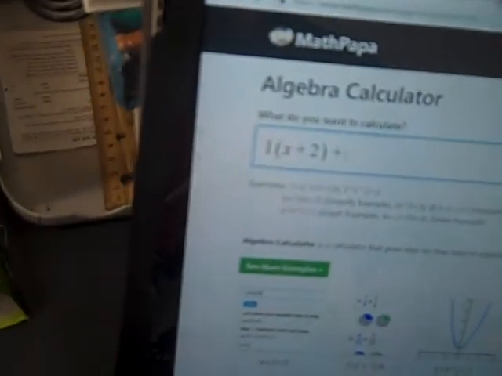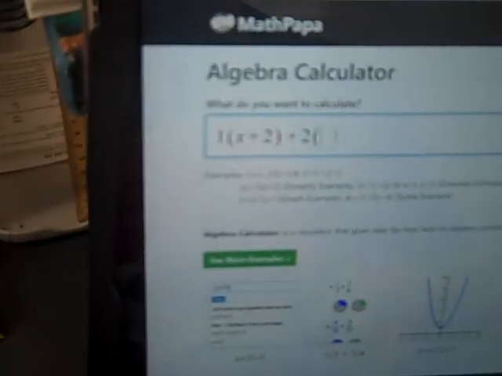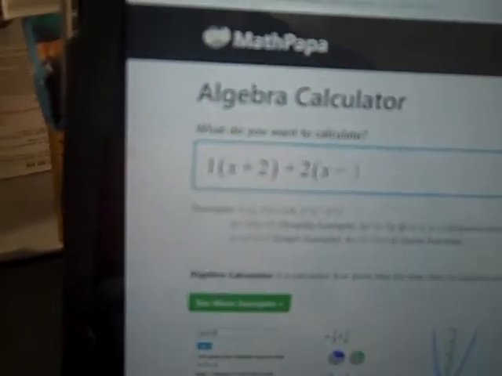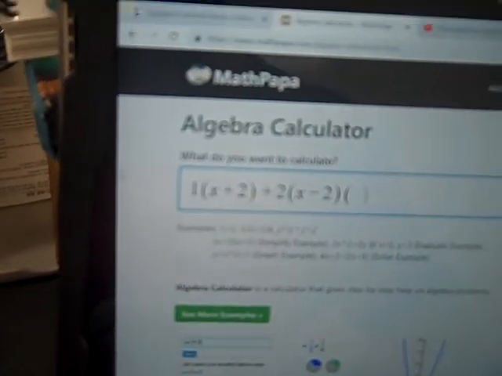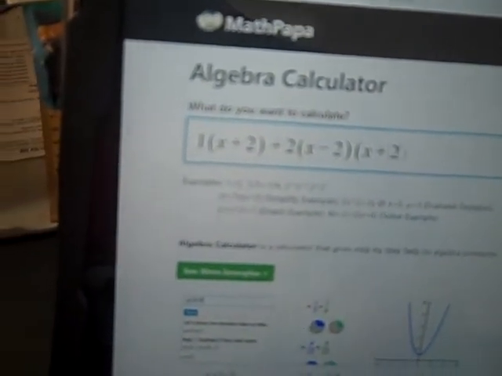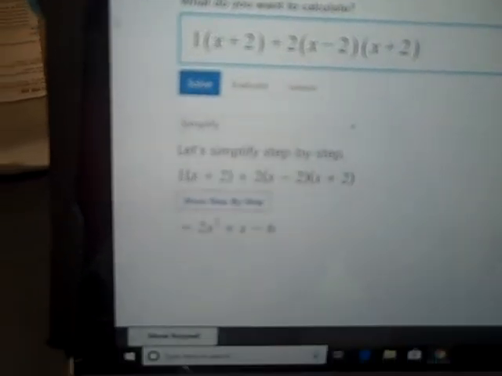The left's the long side. 1 parentheses times x plus 2, close the quantity, then add 2 quantity, parentheses. When I say quantity, that means parentheses. Quantity x plus 2. Okay, 2x squared plus 1x minus 6.